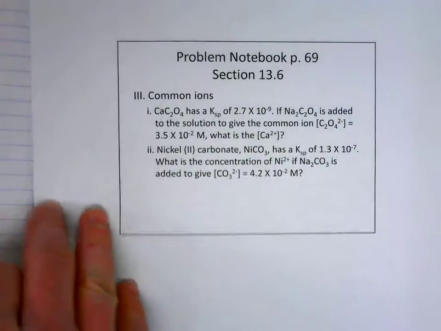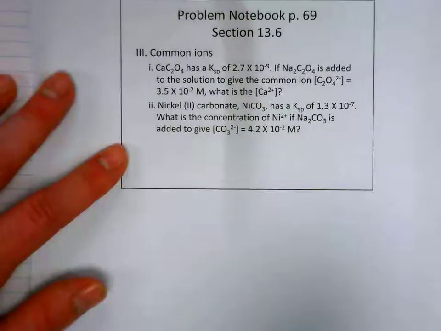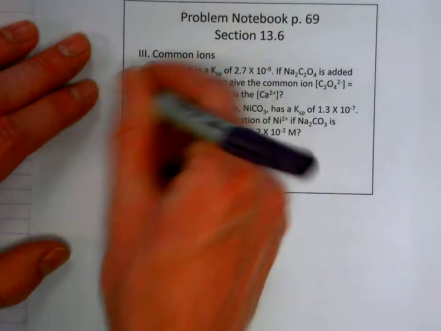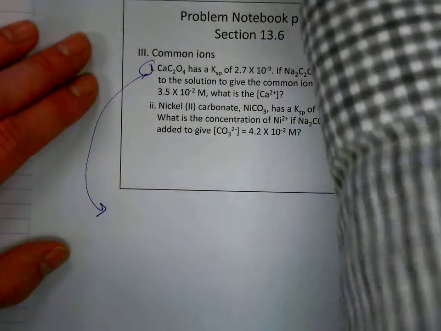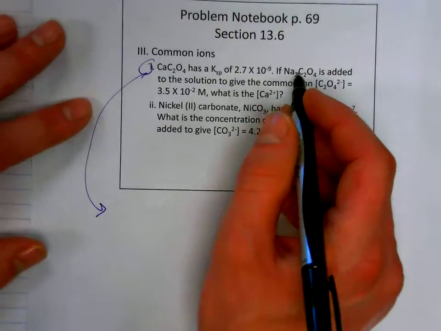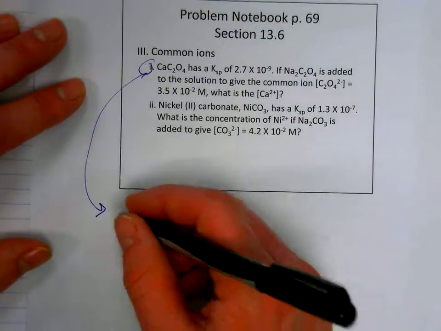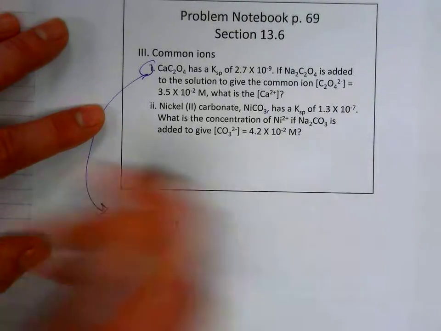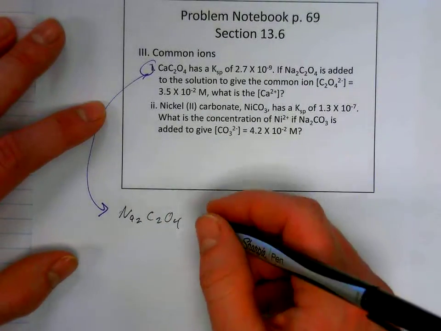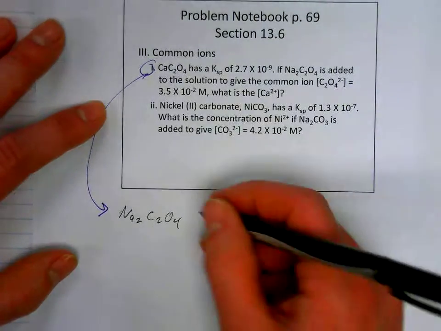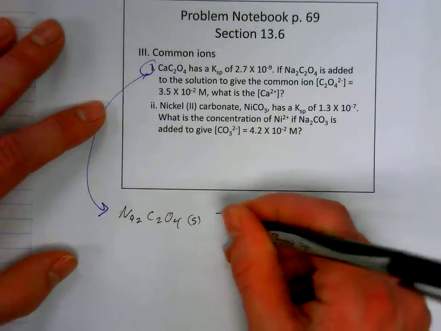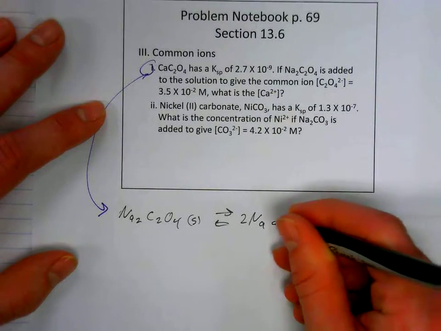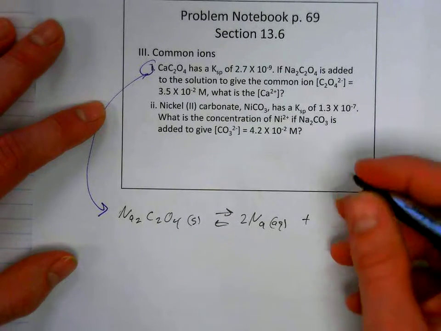So if we have the salt Na2C2O4, and we're going to show the dissociation of this. So we have 2 sodiums, and then we have 1 C2O4 for the chromate ion.